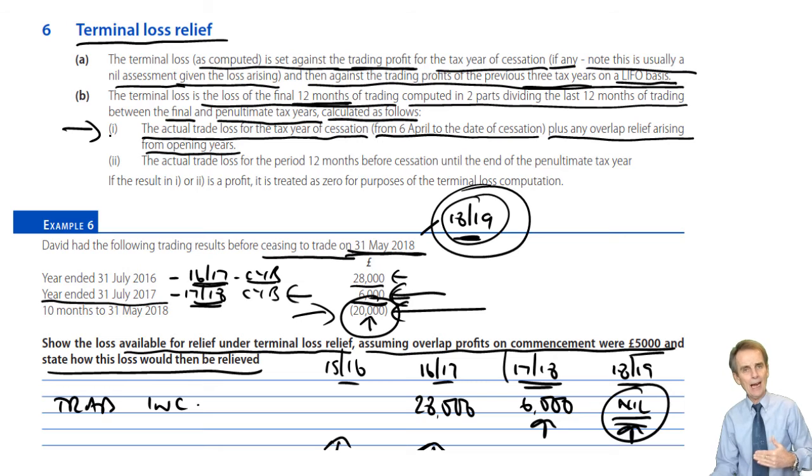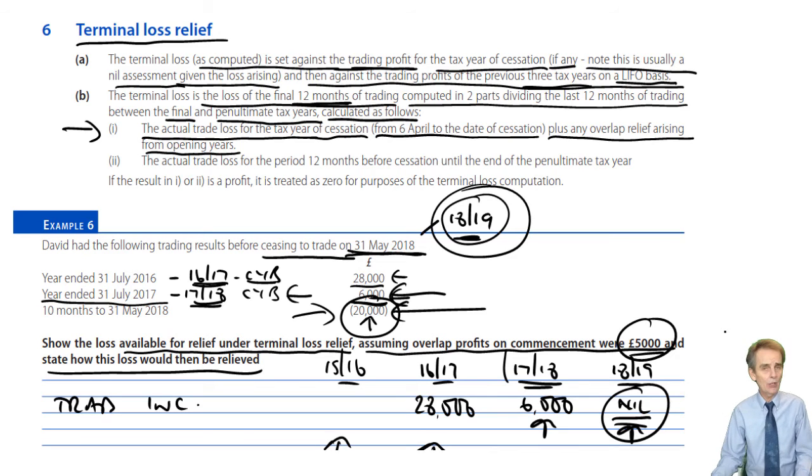Add to it any overlap relief. Here, that's £5,000. An overlap relief serves not simply to reduce a profit assessment of the final tax year, it would also serve to increase or even create a loss here that would then be available for relief, and with this calculation, very specifically under the terminal loss relieving provisions.